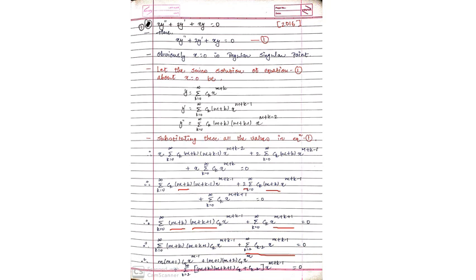Applying k equals 0, here it will be m into m minus 1, with c0 x to the power m minus 1. Same here, we apply k equals 1, and you will get m plus 1 into m plus 2 times c1 x to the power m.